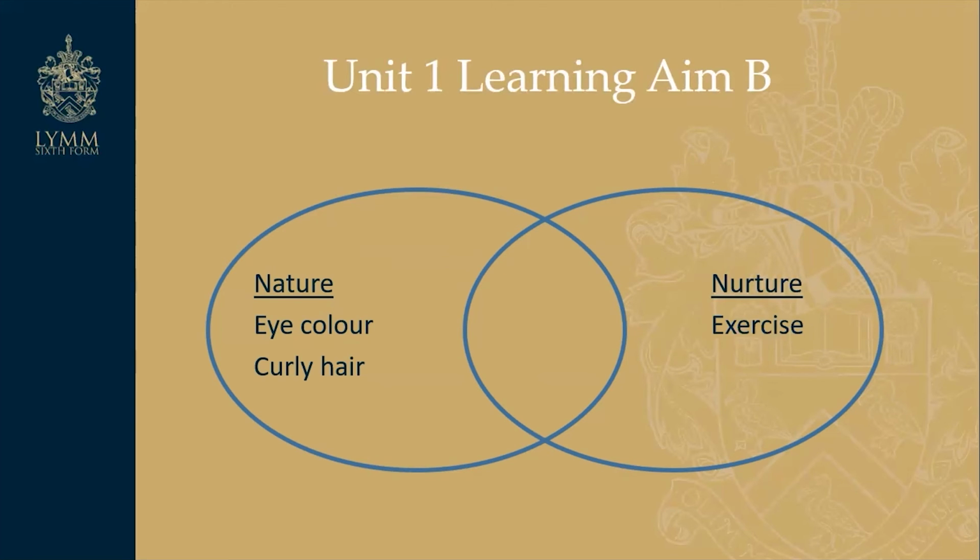So things like exercise, do you exercise, and how this is going to affect you physically and mentally. And then we can identify factors such as weight that are going to be influenced by nature and nurture. So you have a genetic predisposition as to what your weight is going to be. However, external factors are also going to play a key role in determining what your weight is.